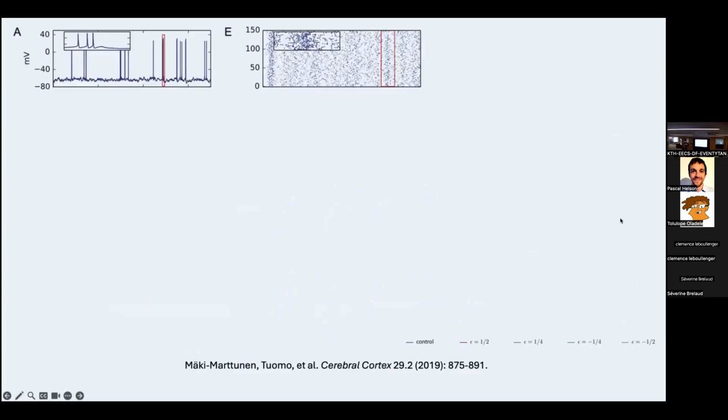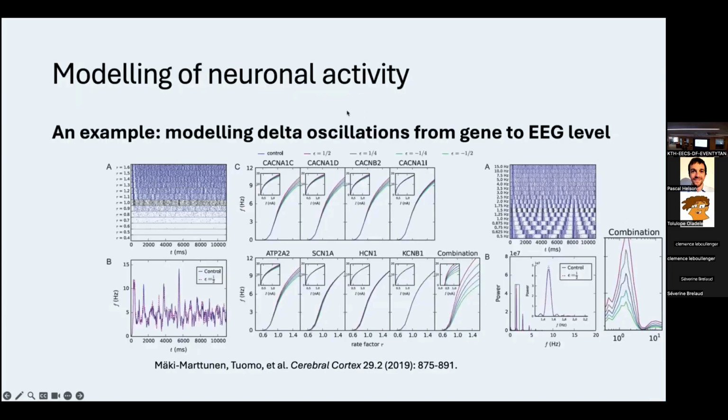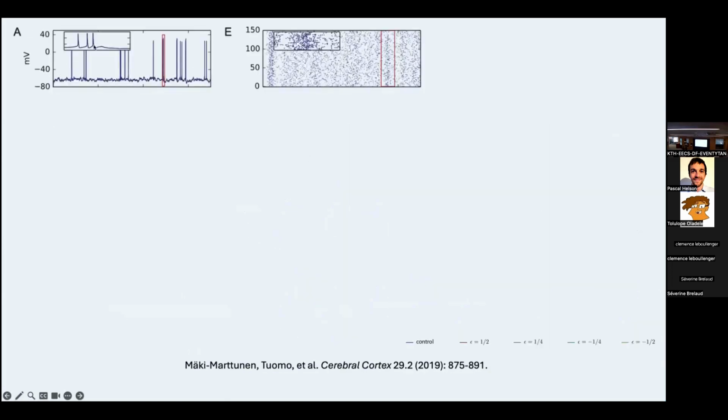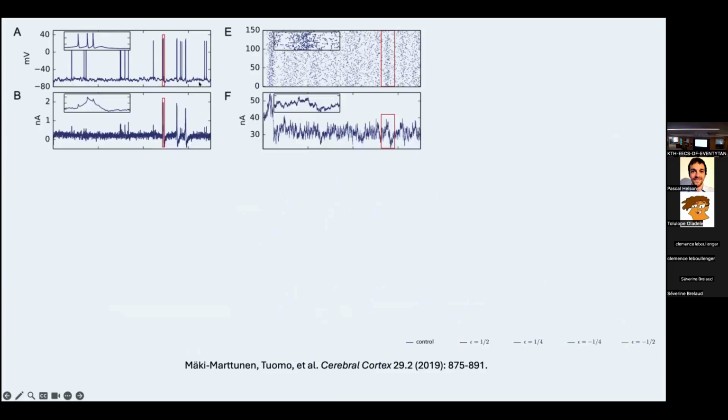So these results were still done without this EEG component. I'd like to go a little bit step by step: how do we get the EEG component? Here's the spike train of the 150 neurons, and here's the membrane potential of a single neuron. Here we calculate the sum of all membrane currents.